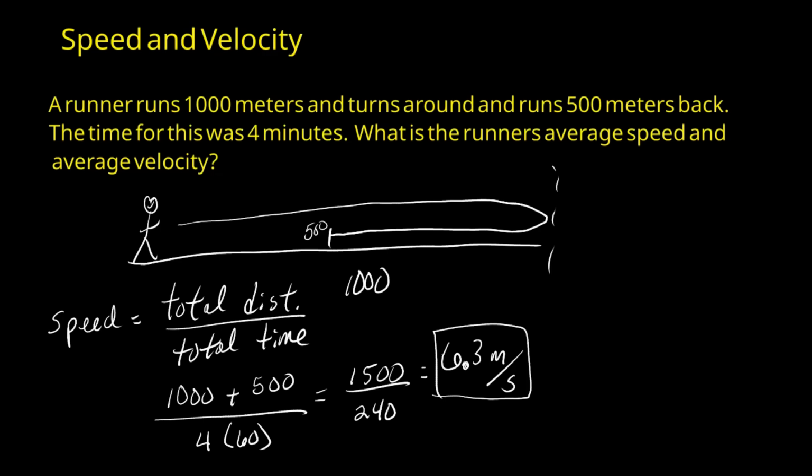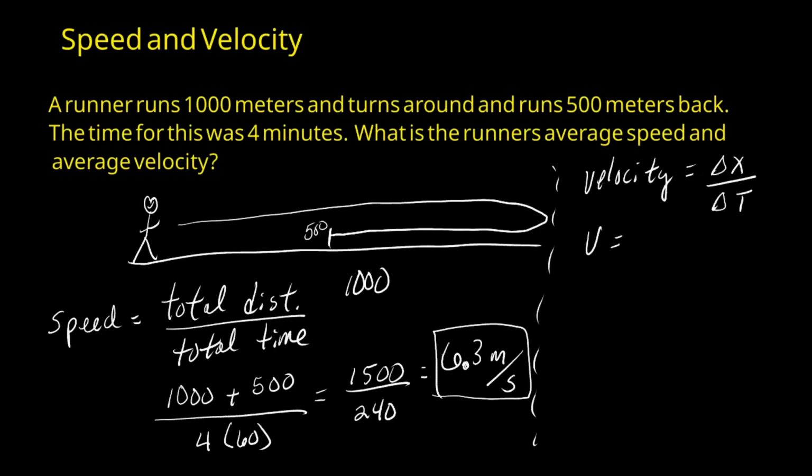Velocity, on the other hand, is the change in displacement over the change in time. Okay, so this velocity is going to equal, all right, so how far did he run?